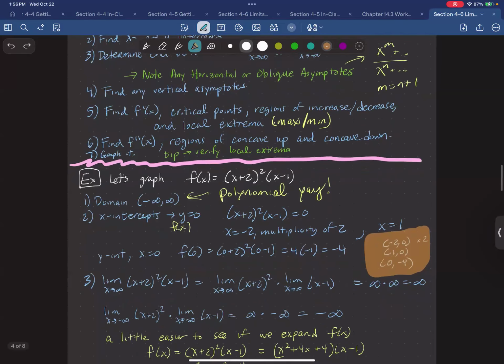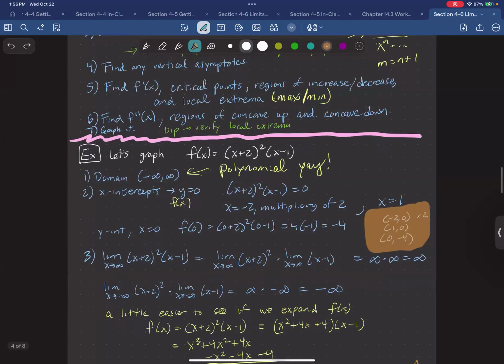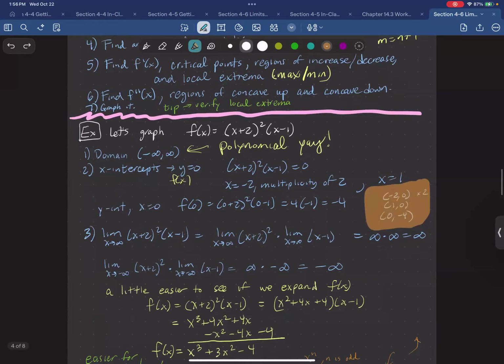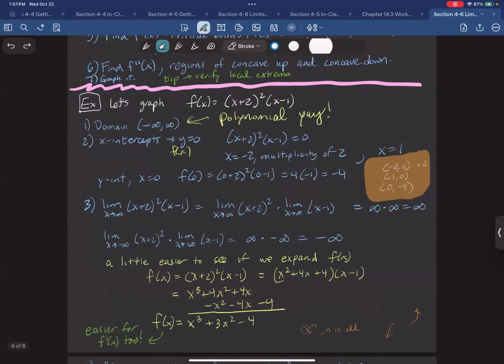The next step is a little easier if we expand f of x. So I multiplied it out, collected terms, and I got f of x equals x cubed plus 3x squared minus 4. Here it's also easier to see what end behavior looks like from algebra. And we talked about this in the getting ready section. When n is odd, x to the n, this looks like x to the n here, it does behavior like this at the ends.